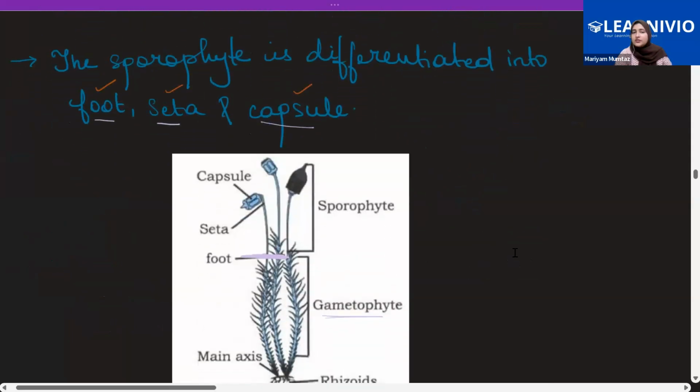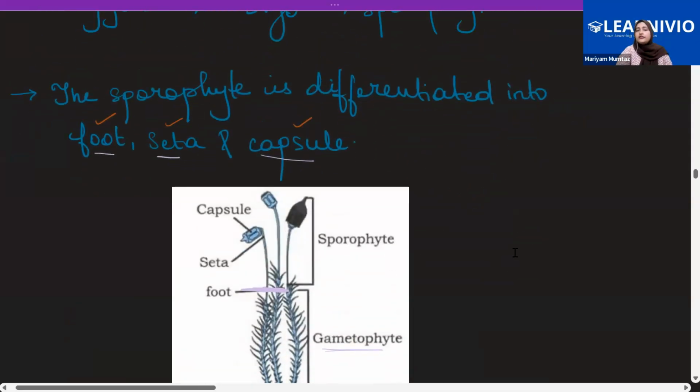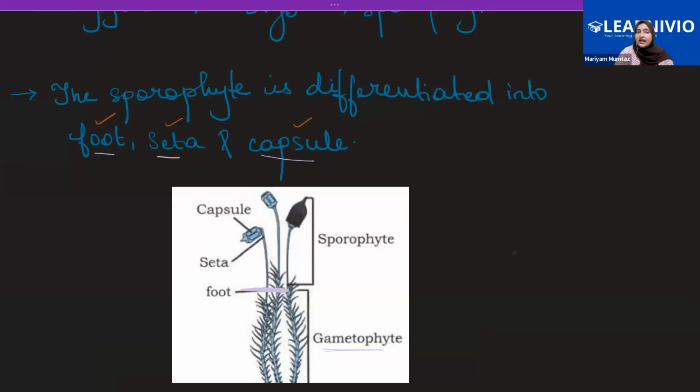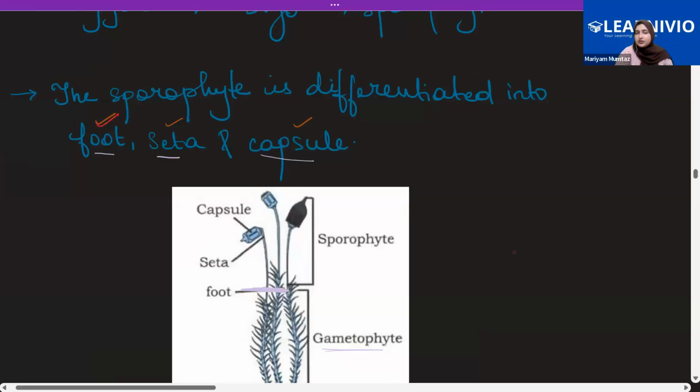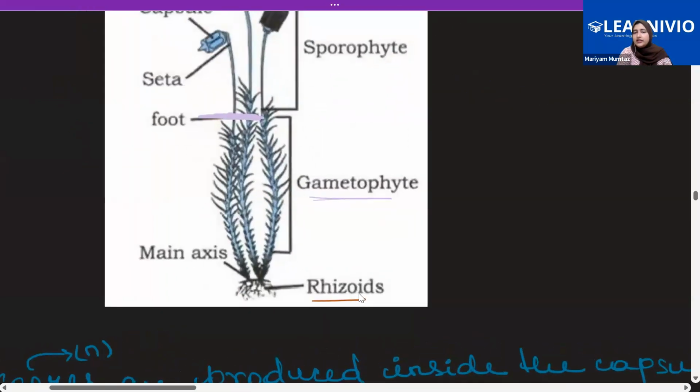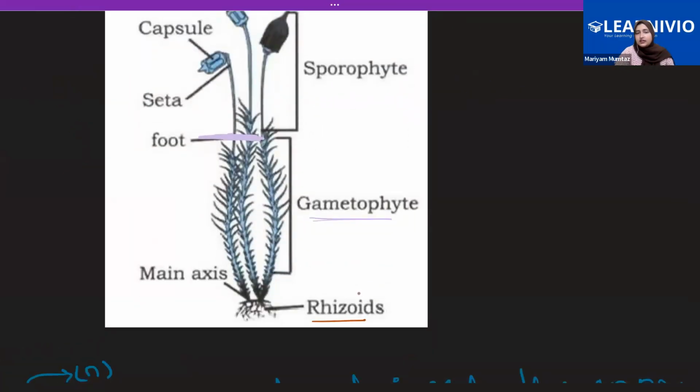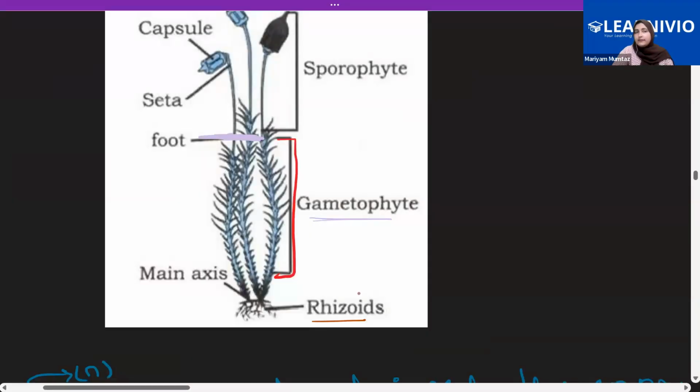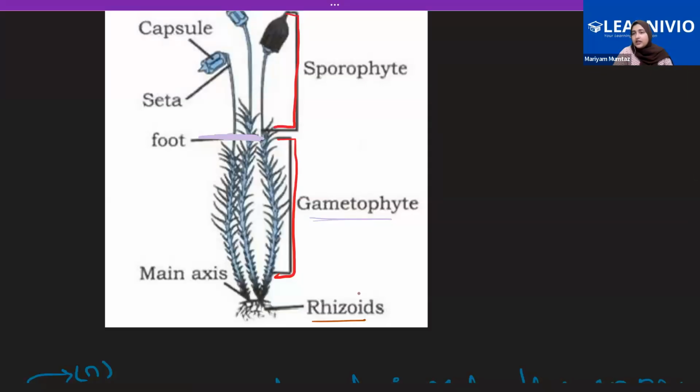And when we talk about the sporophytic structure, the sporophyte's body has foot, seta, and capsule. See this picture of a liverwort, in which this part of the plant is the gametophytic plant body and the above part is the sporophytic plant body. The sporophytic plant body is diploid.